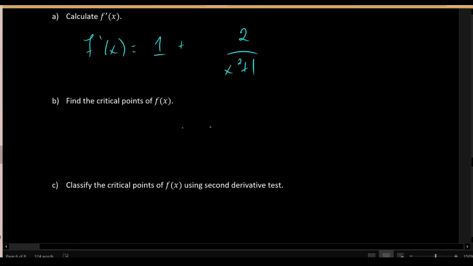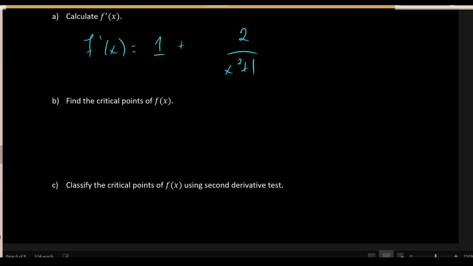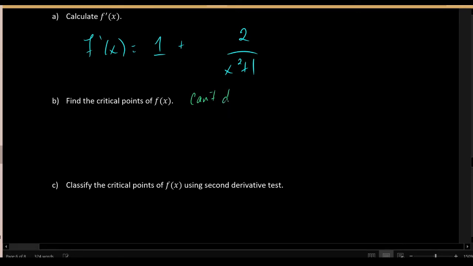Find the critical points of f of x. Now in this case, f prime of x is not a polynomial. It actually has a denominator with variables in it, which means there actually is a chance that this function could be undefined at certain locations. For example, we know that we can't divide by 0, so we should check if x squared plus 1 can ever become 0.